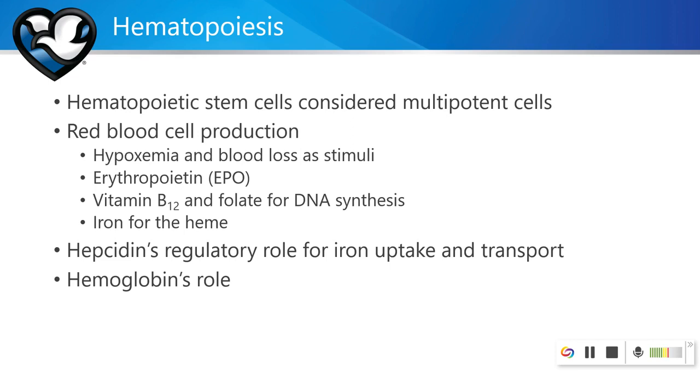Hematopoietic stimulus for red blood cell production may include hypoxemia and blood loss, whereas stimulus for white blood cell production may be infection and inflammation. In response to reduced oxygen supply, the kidneys produce the growth factor erythropoietin, which is a physiologic regulator of red blood cell production. Erythropoietin is essential as it amplifies signals in the cells for continued development and differentiation.